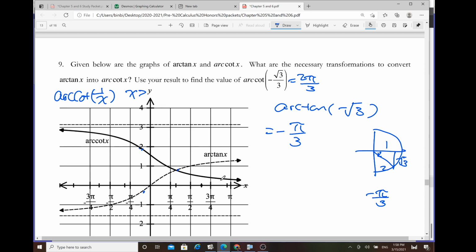This one is just reflected over the reciprocal. So pi over 4, this point right here, up to this part. Just putting down the restrictions, there's no need for putting the restriction. Just keep it that way.